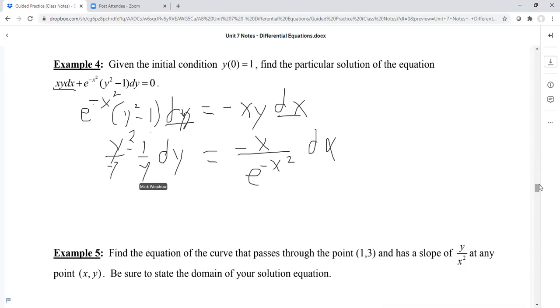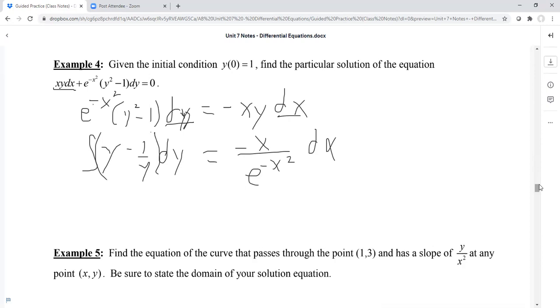Then I'm going to have this y squared over y, and I'm going to reduce this because I don't have much room. So that y squared over y is just going to make a regular old y right here. There we go. I'm going to integrate this whole side.